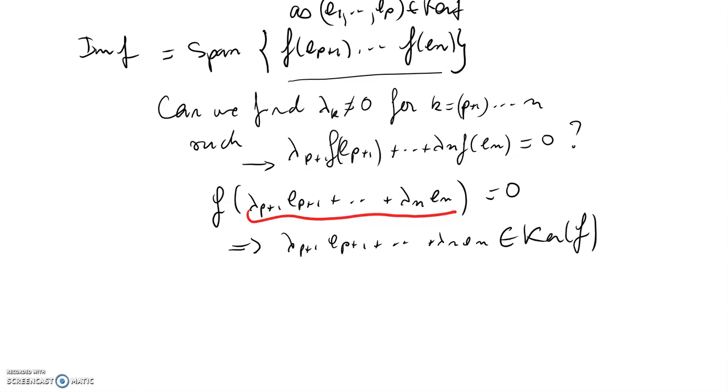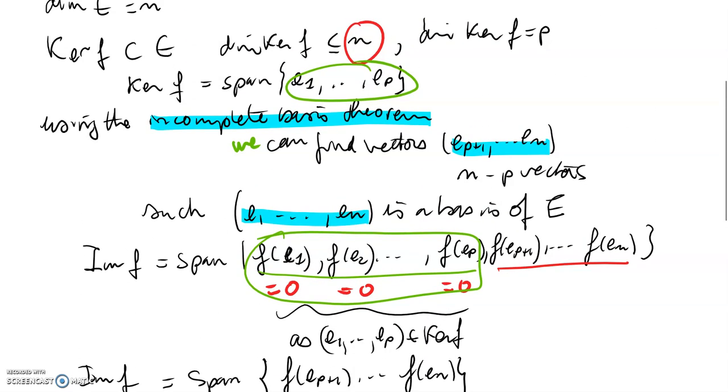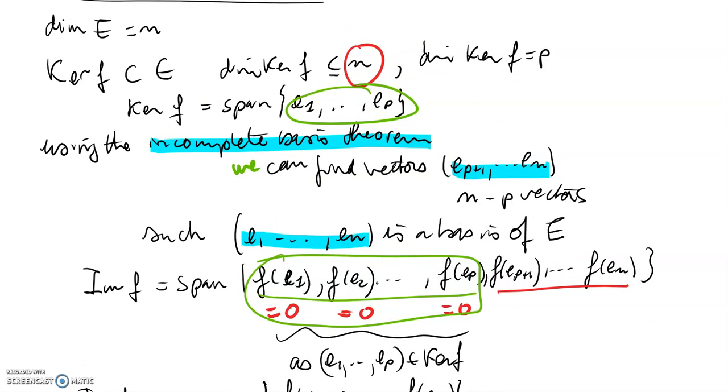But we had built these vectors ep plus 1 up to en as the ones we needed in order to complete e1 up to ep. Okay, we already had these as a basis of the kernel of f, and the next ones, from ep plus 1 up to n, were what we needed in order to complete that basis.